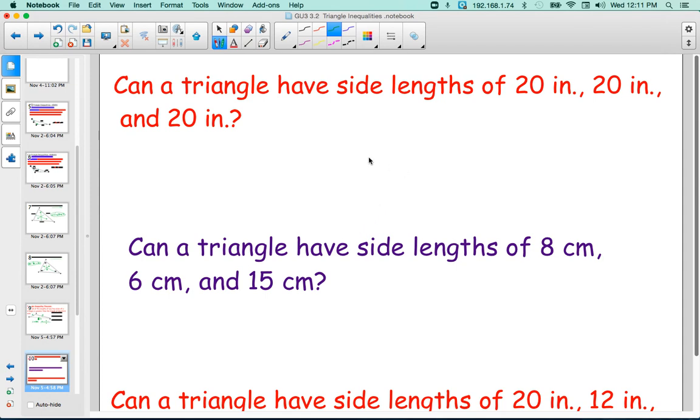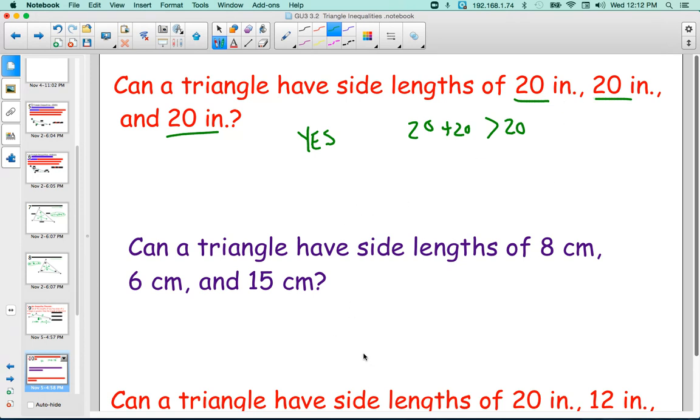So can a triangle have side lengths of 20 inches, 20 inches, and 20 inches? Yes, it can. And we know that because 20 plus 20 is greater than 20. But we're also talking about an equilateral, equiangular triangle, because we have 3 congruent sides.